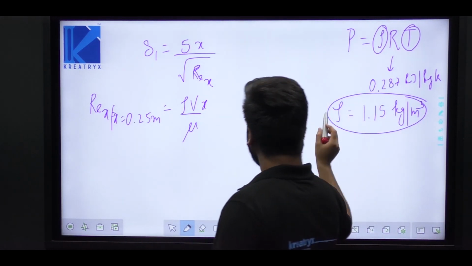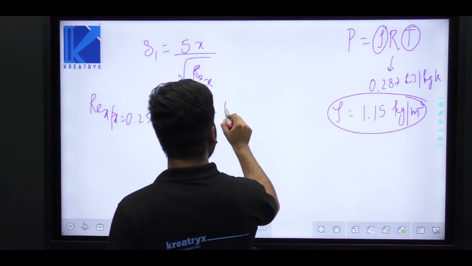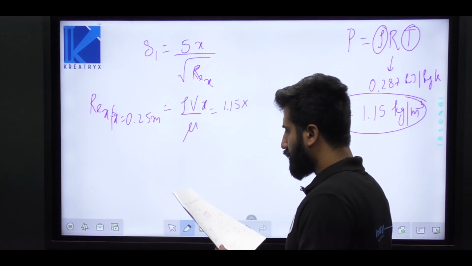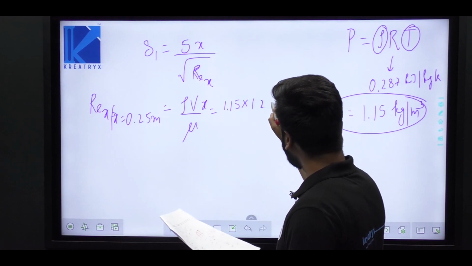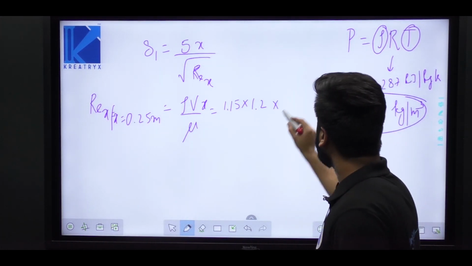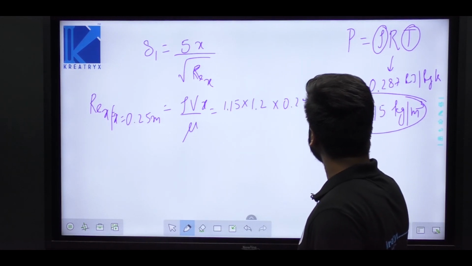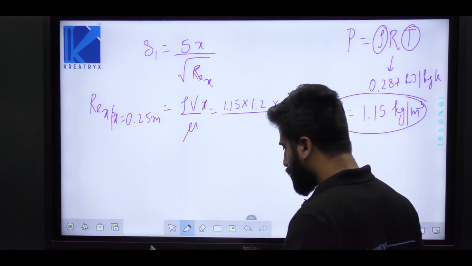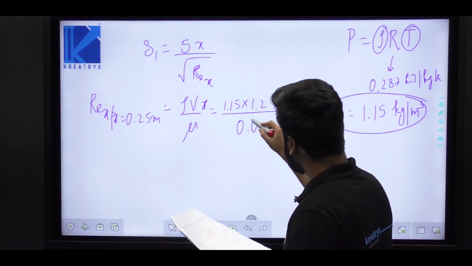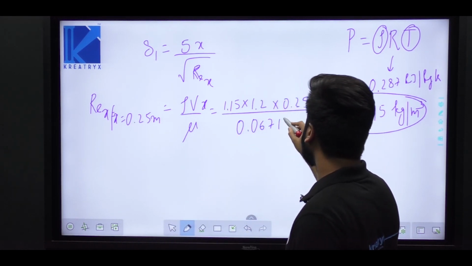Now you have rho, that is 1.15, and V is 1.2 meter per second, and x, where you have to find the Reynolds number, is 0.25 meters. And mu is 0.0671.